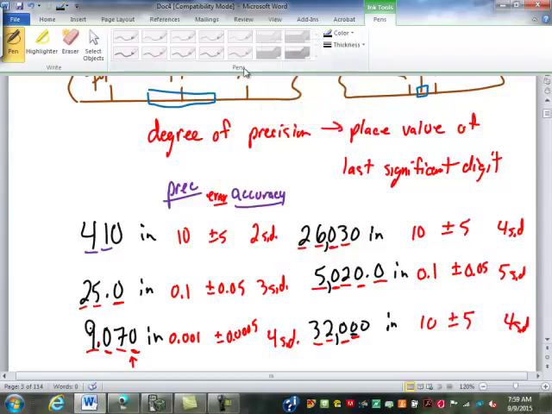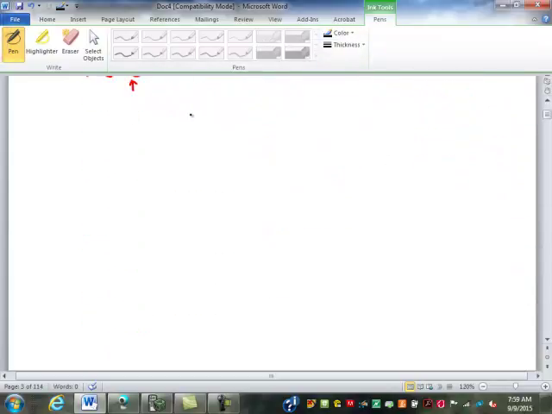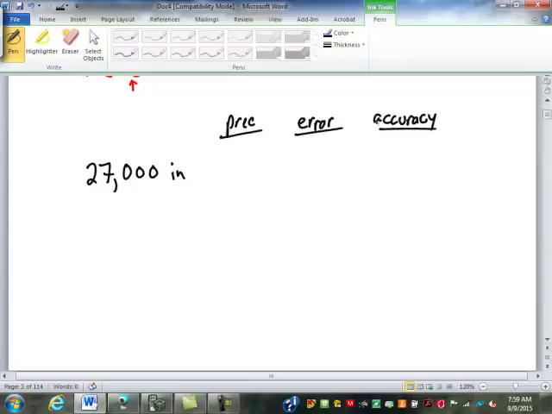So I want you guys, for me quickly, to do, for each of the numbers I'm going to list here in your notes quick, find the precision, the possible error, and the accuracy.